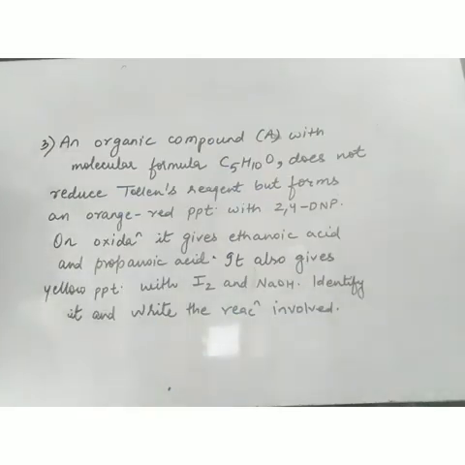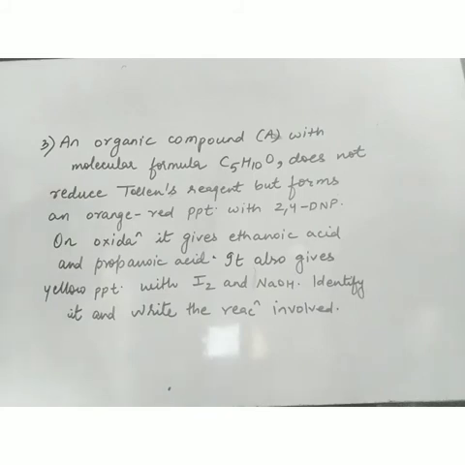Now the next question is a word problem. An organic compound A with molecular formula C5H10O does not reduce Tollens reagent but forms an orange-red precipitate with 2,4-DNP reagent. If it gives an orange-red precipitate with 2,4-DNP, definitely it is an aldehyde or ketone. It is a carbonyl compound, but it does not reduce Tollens reagent, which means it is a ketone, because if it were an aldehyde, it would respond to Tollens reagent.